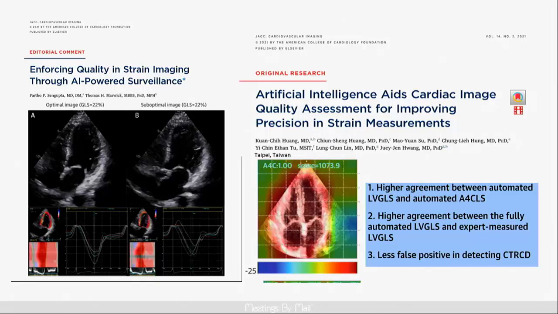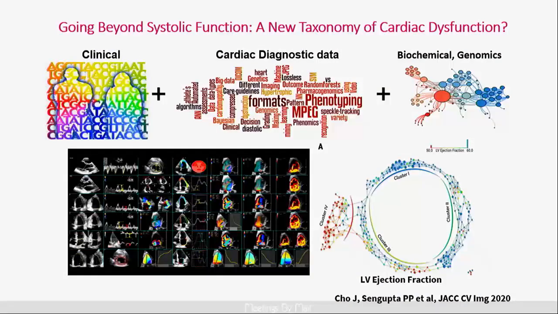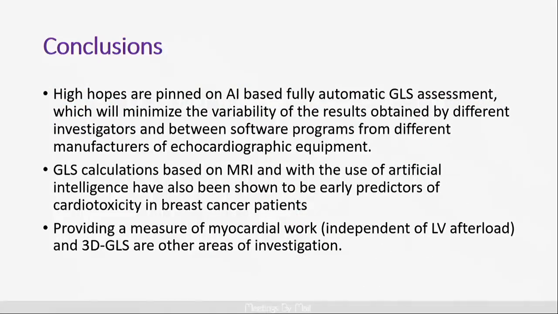There is still literature that is evolving, but I think the future is going to be how we integrate the risk factors that have gone into the guidelines into a way we can put the whole story together, because there are not just clinical risk factors, but also biomarkers and the echocardiographic findings. And this area is very, very fertile for application of AI. So there are high hopes on the evolution of more personalized therapy using AI-based tools. GLS and AI-based applications will help us standardize.